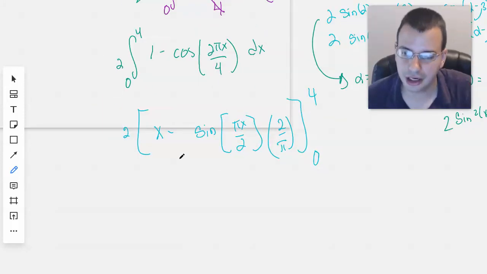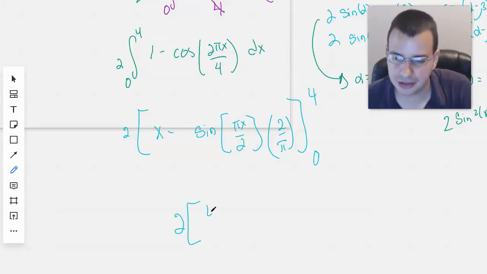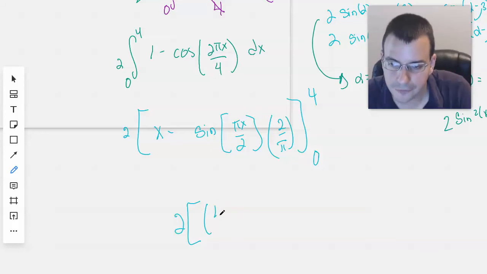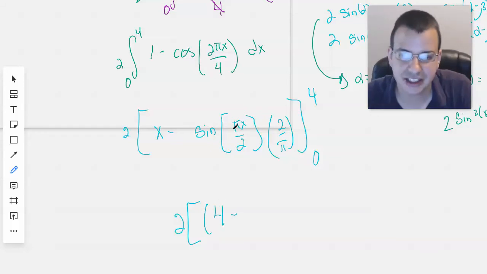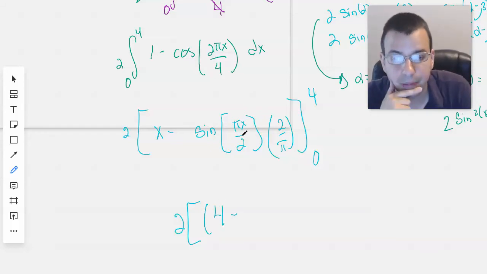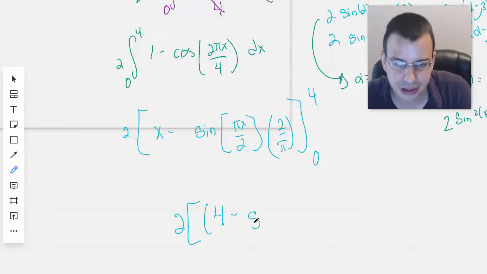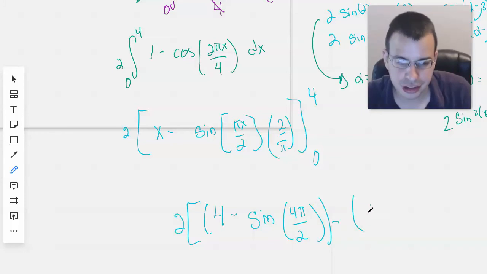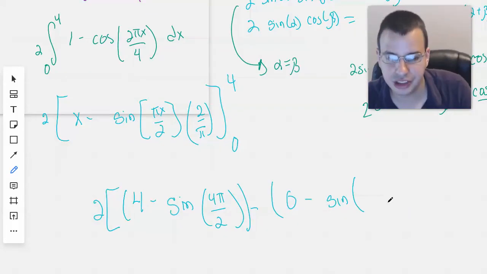So when we plug in our numbers here, we have 2 times 4 minus sine of 4 pi x over 2. This will be sine of 4 pi over 2. Then we'll do a minus 0 minus sine of 0.